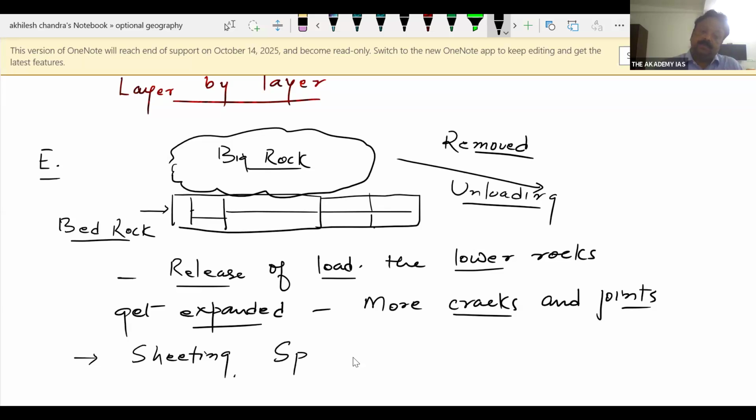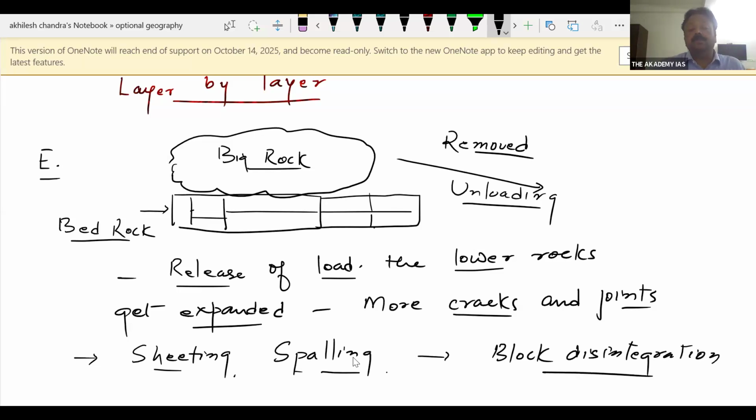Spalling is going on. And sheeting and spalling lead to block disintegration. So here block disintegration has taken place because of release of pressure, because of release of load, unloading.